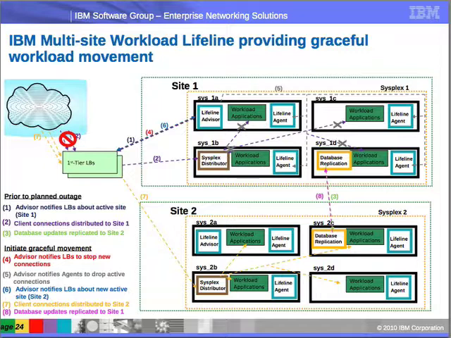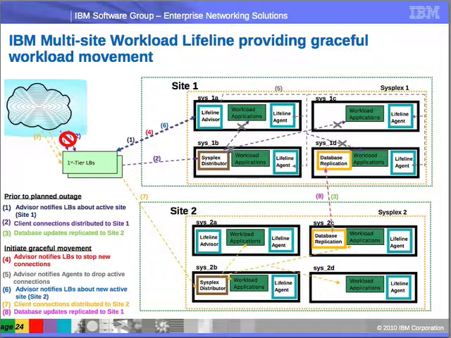The next step is the advisor goes off and talks to every agent in this site and says, reset any persistent connections or drop the active connections for this workload. Once we've dropped all those workload connections, we know no new transactions are being sent to this site.